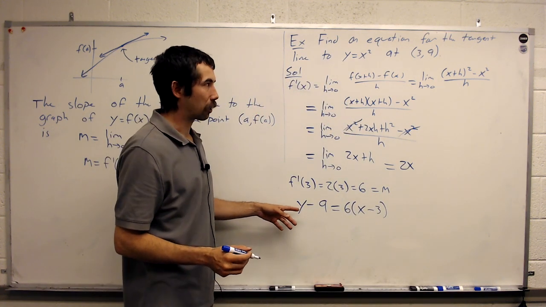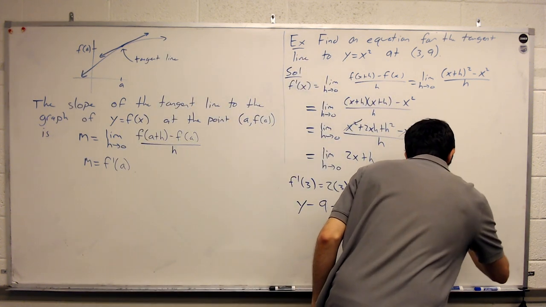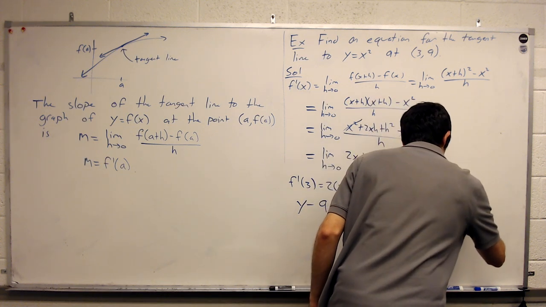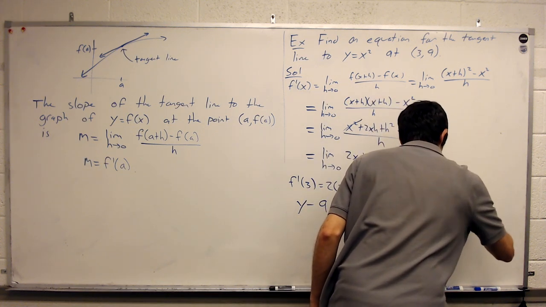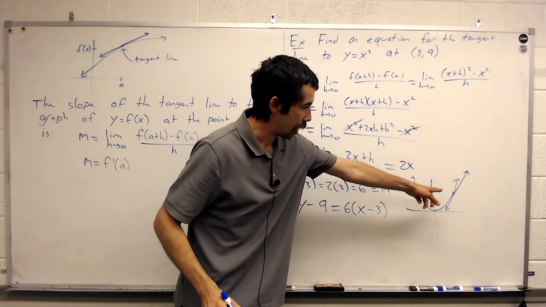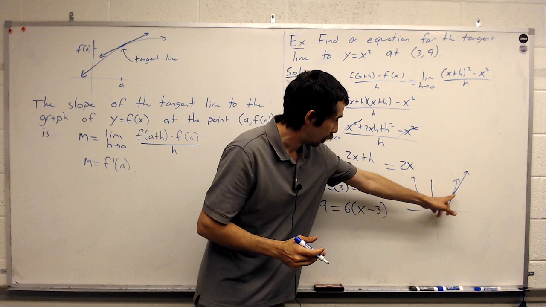This line, if we were to graph it along with our curve, so just to give a quick sketch, would look like this. It would touch the point, just give it a little old smooch, and that's it. And then it's on its way.